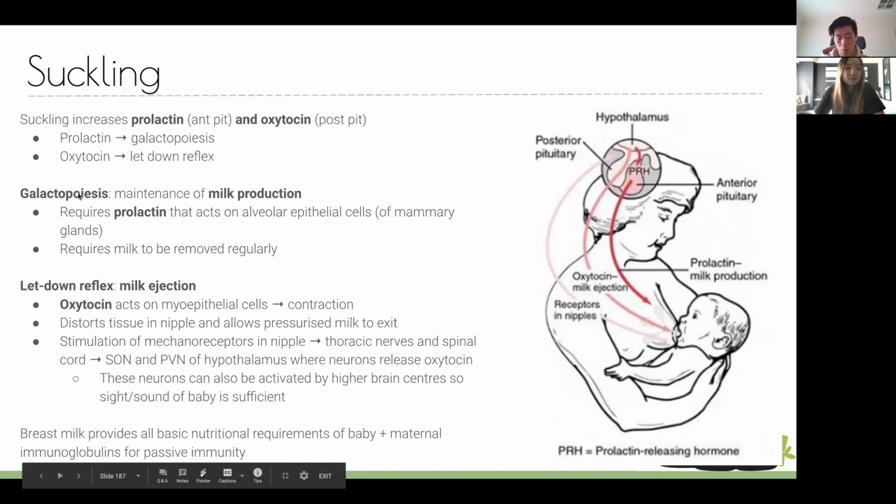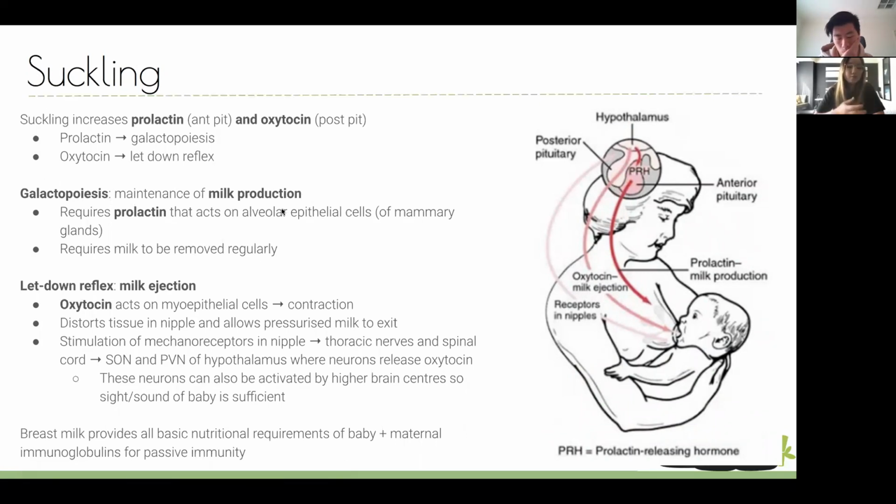So prolactin will cause galactopoiesis, which is milk production. So just the formation of milk in the breast. Whereas oxytocin works on the letdown reflex, and that's for the milk to actually be ejected. So release of the milk. That's literally all you have to know about galactopoiesis.